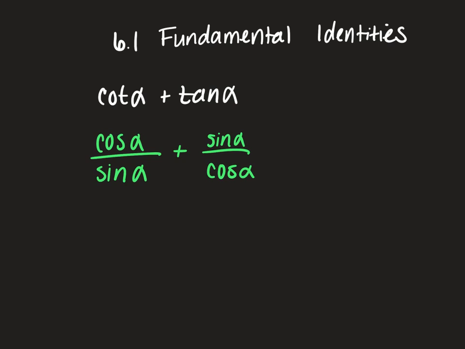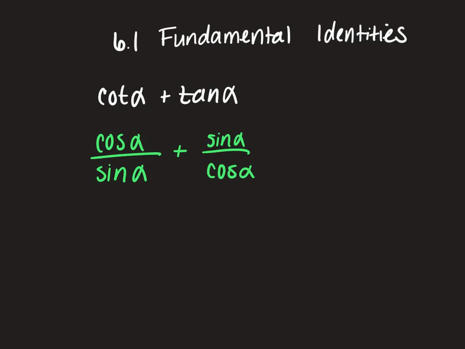Because in the next section when we start verifying identities, you're going to have to be able to add stuff together and break it apart. So I want to simplify this. I want to combine it into one fraction. Since they have two different denominators, we have to make them the same.